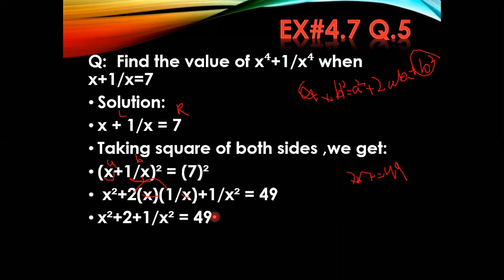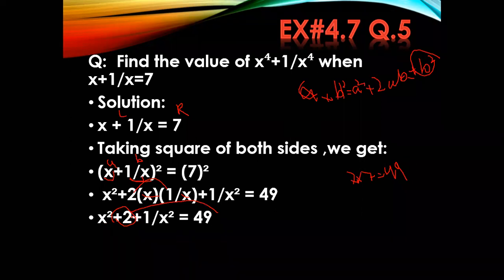After that, the required thing here is x^4 plus 1 upon x^4. Till now we haven't got x^4, but what we have here is x squared plus 1 upon x squared. So what we will do, we will shift this plus 2 towards the right hand side, and it will become minus 2.